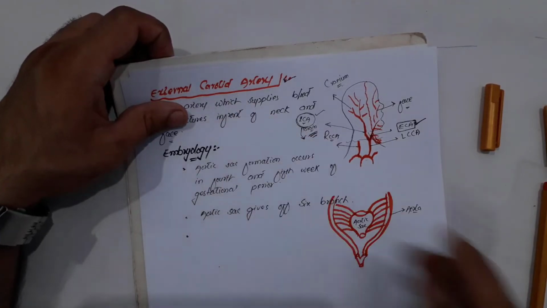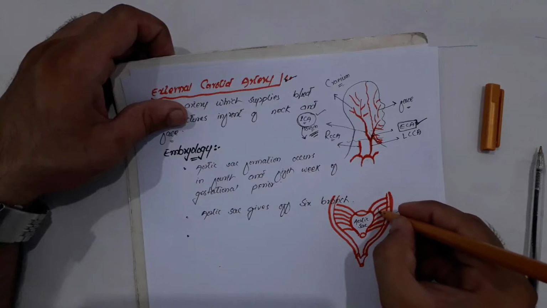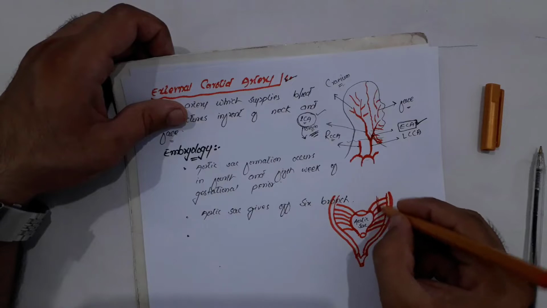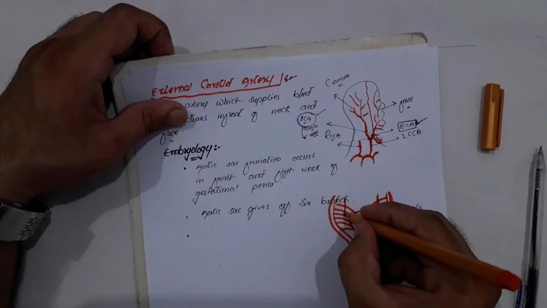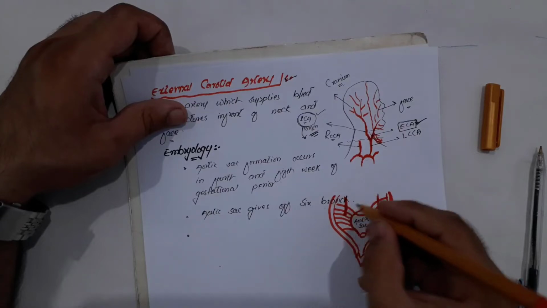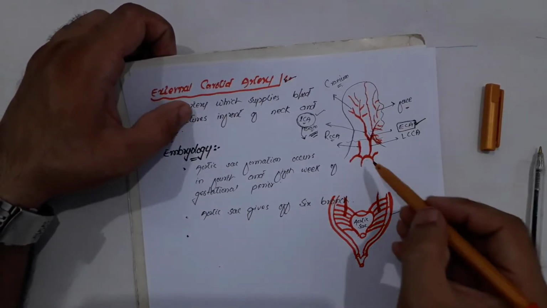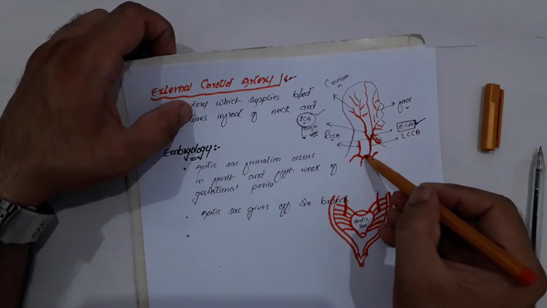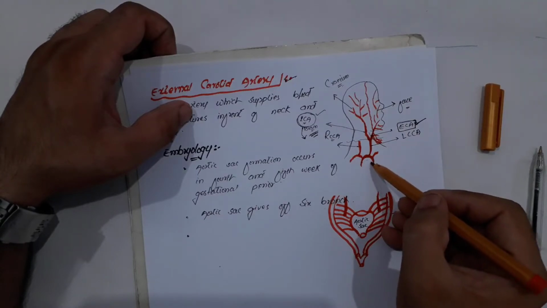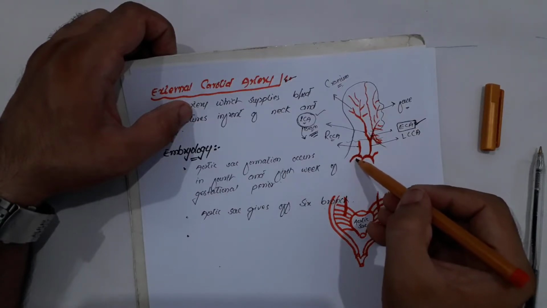Now the external carotid artery is formed by the third branch. So the common carotid artery arises from this third branch on both sides. The third branch gives off the common carotid arteries. Now know carefully, this left common carotid artery arises from the aortic arch, and the right common carotid artery arises from the brachiocephalic.